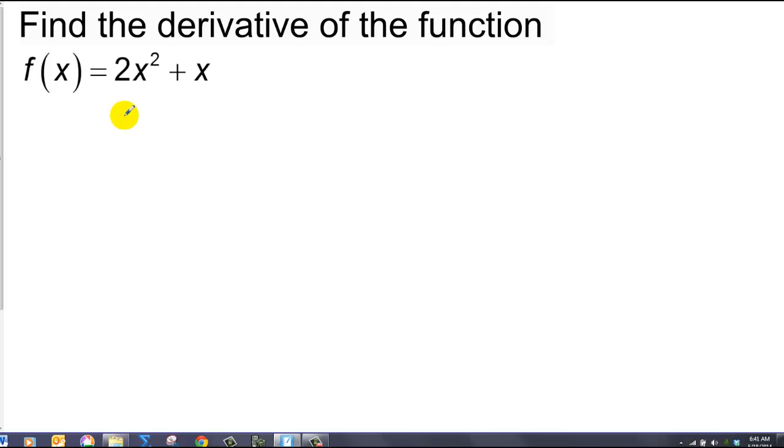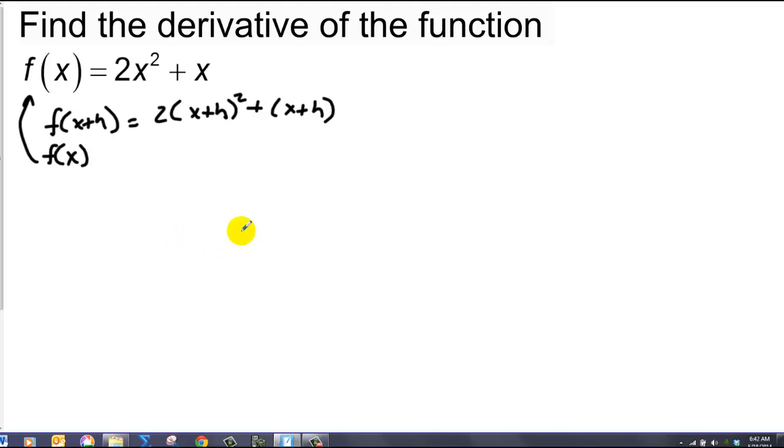So we'll take f of x plus h, define what that is. That's 2 times x plus h squared plus x plus h, and then we know f of x is simply the original function.